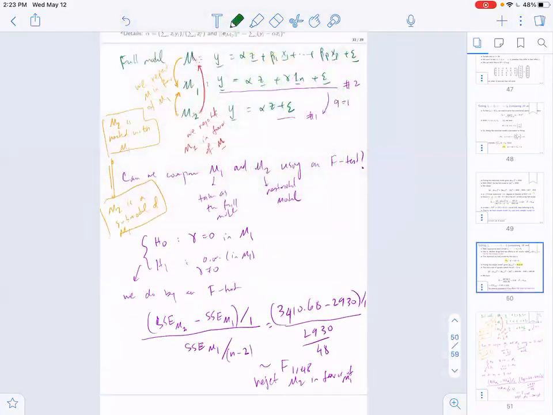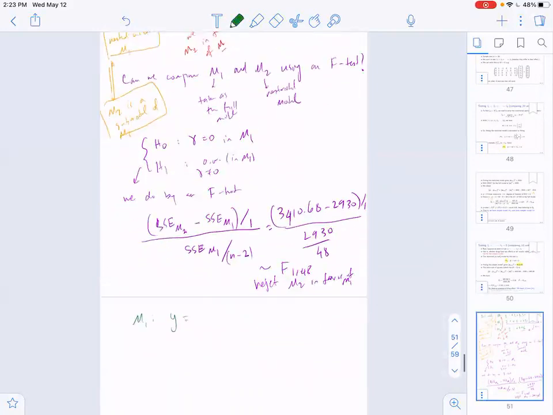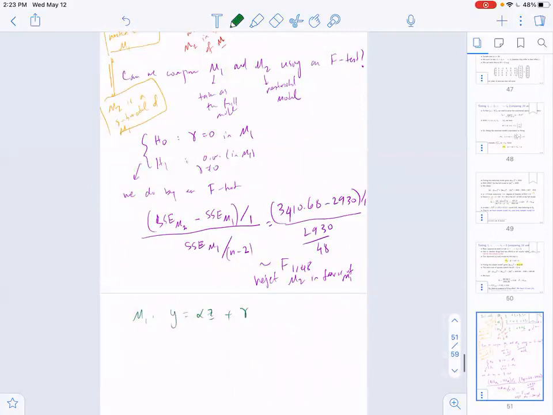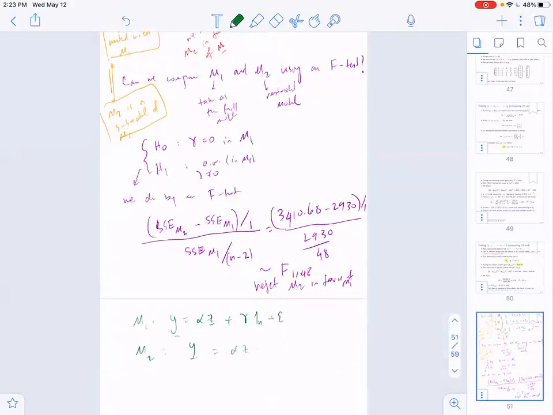So say M1 was y equals alpha z plus gamma 1n plus epsilon. M2 was y equals alpha z plus epsilon.